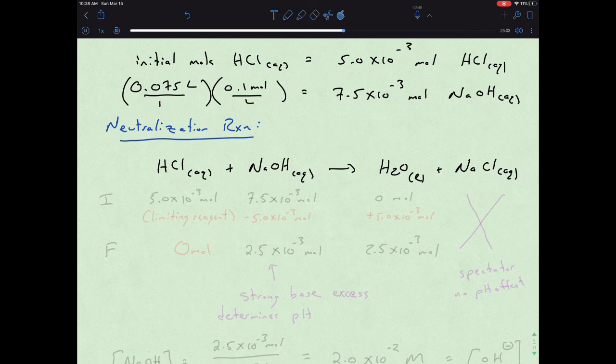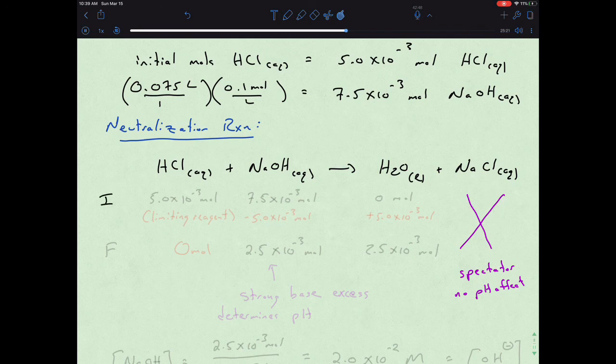And so not even going to fill in the sodium chloride. Again, that's that idea of the spectator, right? There's no pH effect with it, so we really don't need to worry about it in terms of these types of calculations.